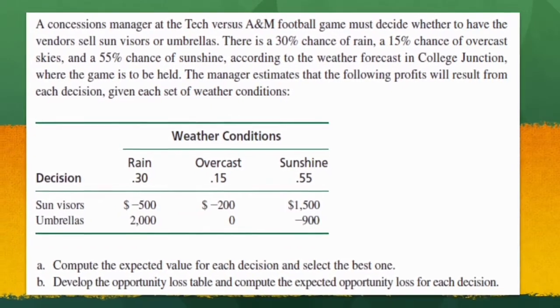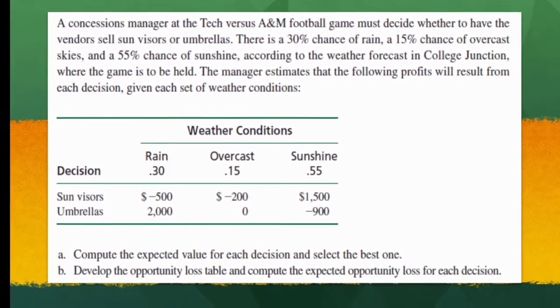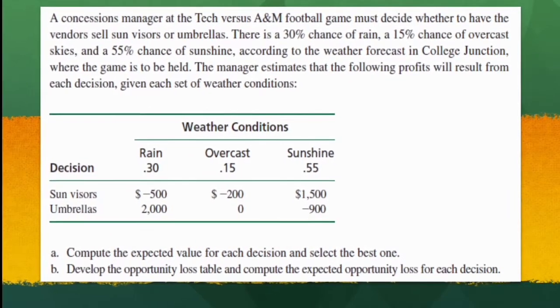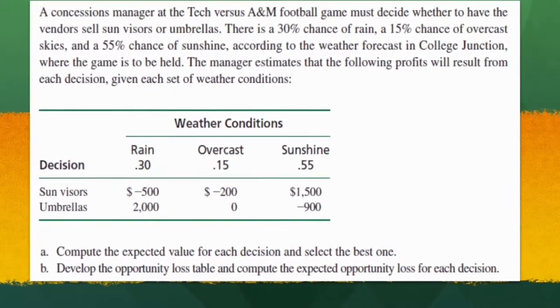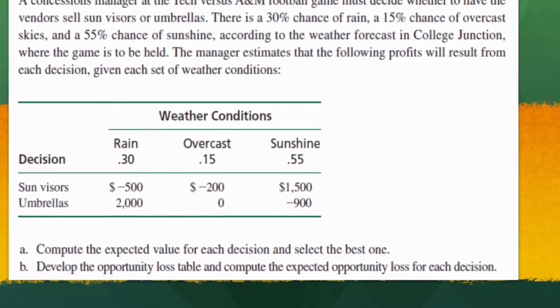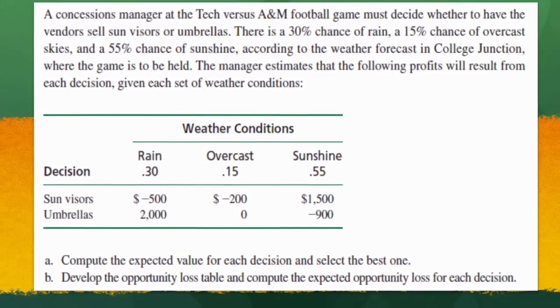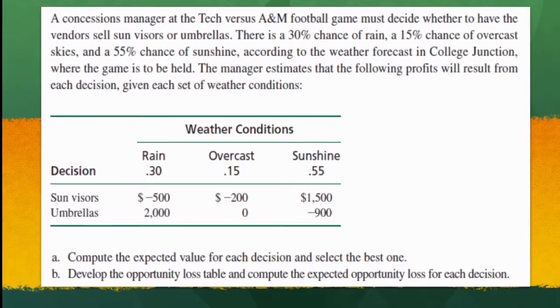It is often possible for the decision maker to know enough about the future states of nature to assign probabilities to their occurrence. Given that the probabilities can be assigned, several decision criteria are available to aid the decision maker.